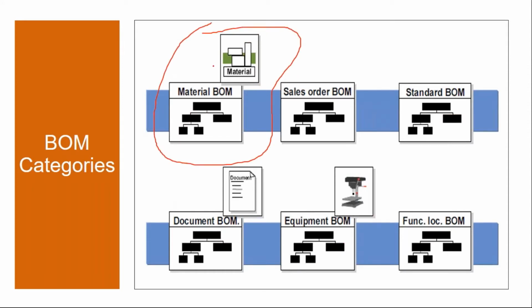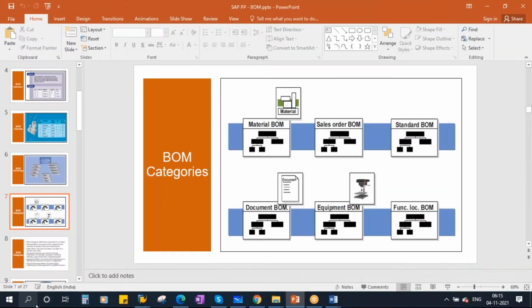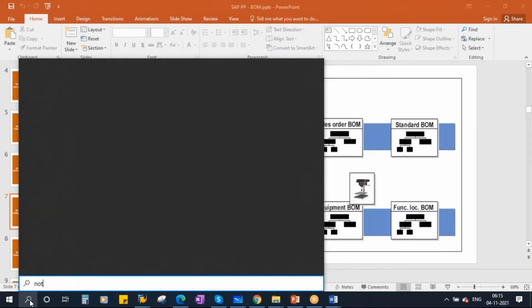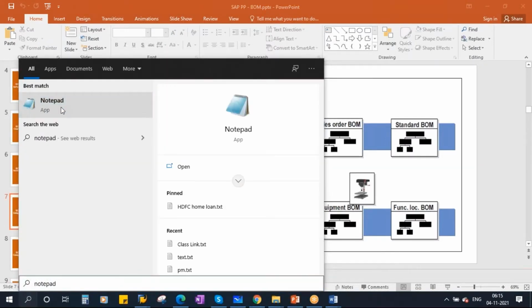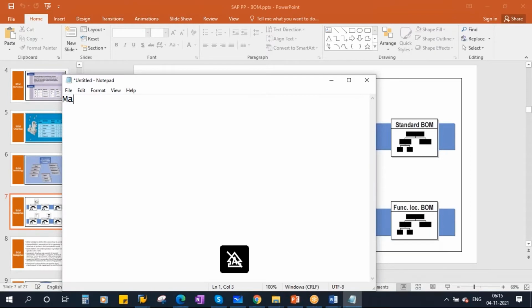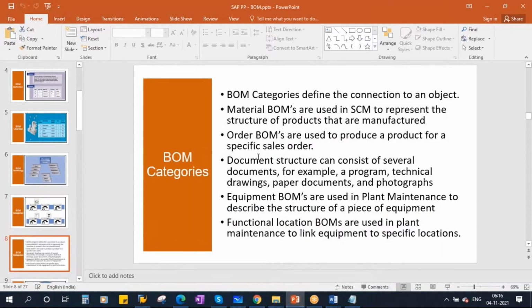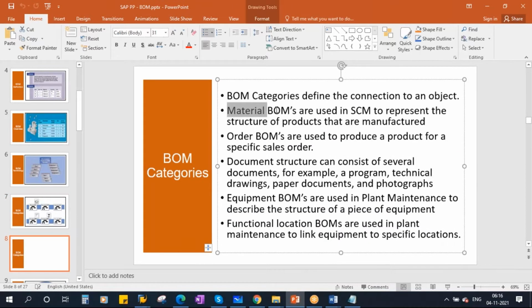That means we are going to create a BOM for a material product. Other than material BOMs, we have order BOMs, document BOMs, equipment BOMs, and functional location BOMs, which are used in other modules and other areas.